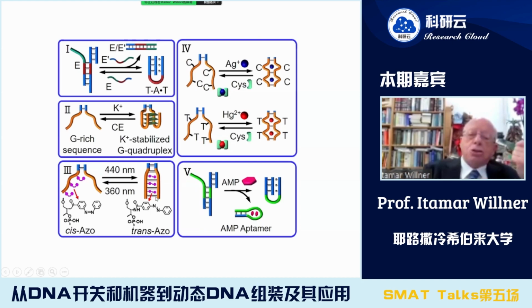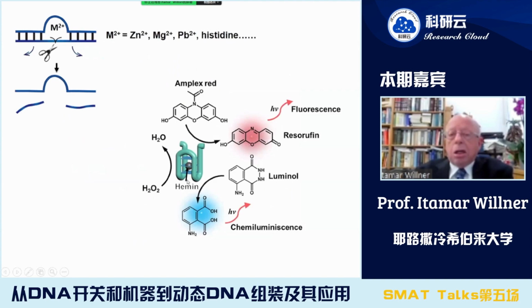But if we reisomerize to the cis, we can separate the structures. So you can see that we have a whole battery of principles to form and separate or reconfigure DNA structure. In addition, we can have functions.